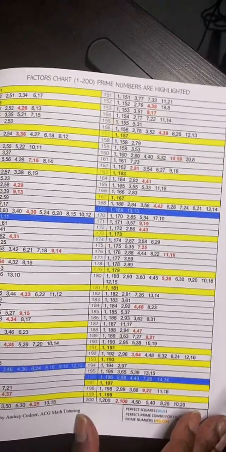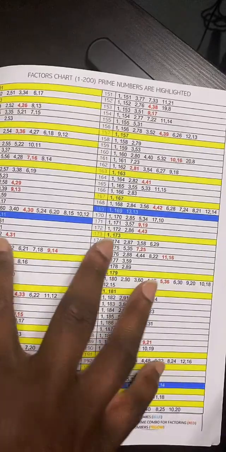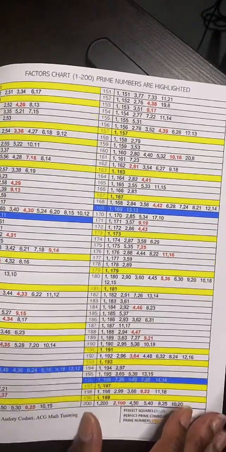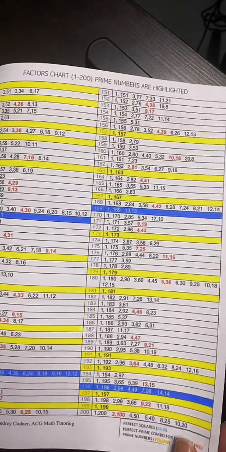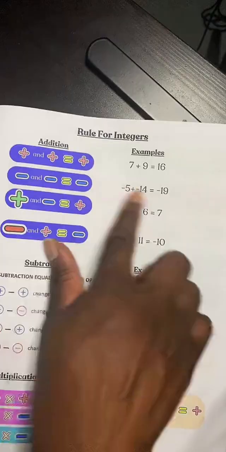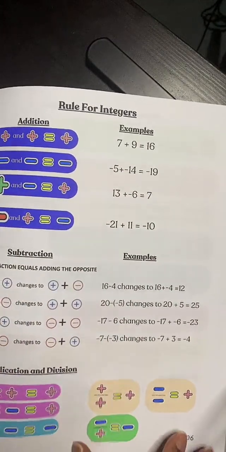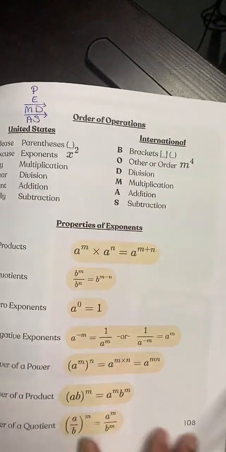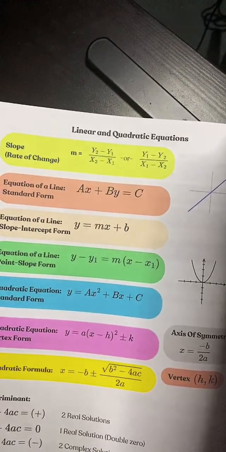Mine goes all the way up to 200, because this book is really designed for older students, from 7th grade all the way up to adults. And then all your rules, because sometimes people can't remember the rules and regulations. So all your rules for adding and subtracting are in here. Also the order of operations, the properties of exponents, and linear and quadratic equations are in here as well.